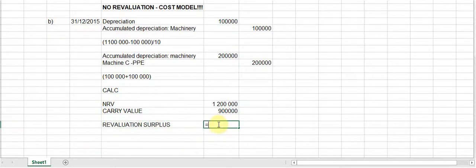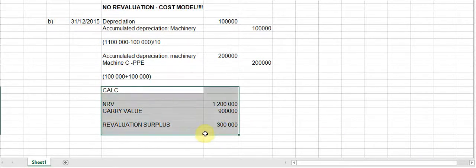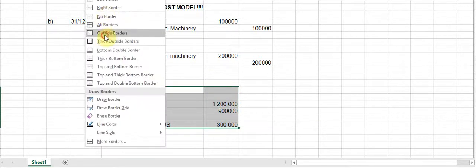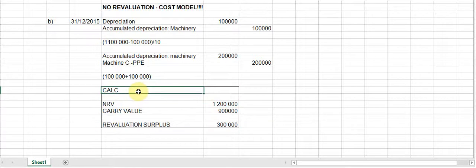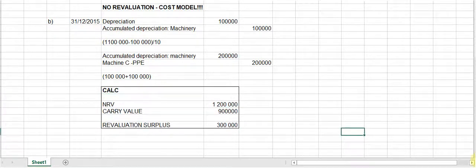And the difference between the two is then a revaluation surplus of 300,000 rand. This is just my calculation, so I am just putting it in a block. And at this point, we're going to say we debit then the asset.